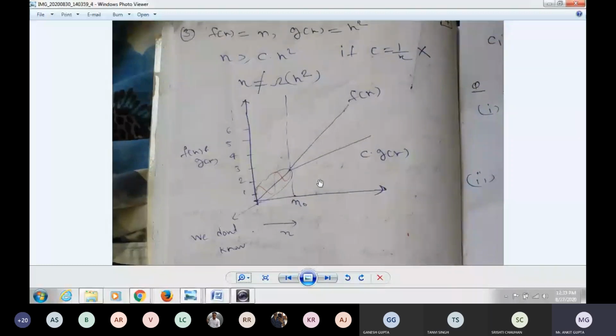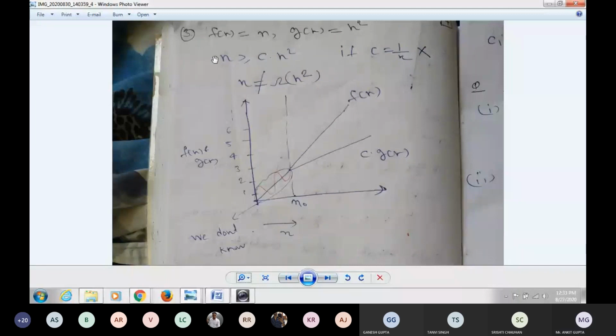If f(n) is big omega of g(n), then I can say that f(n) is greater than or equal to c into g(n). In this example, I took f(n) as n and g(n) as n square. So according to big omega notation, n greater than or equal to c into n square, correct?